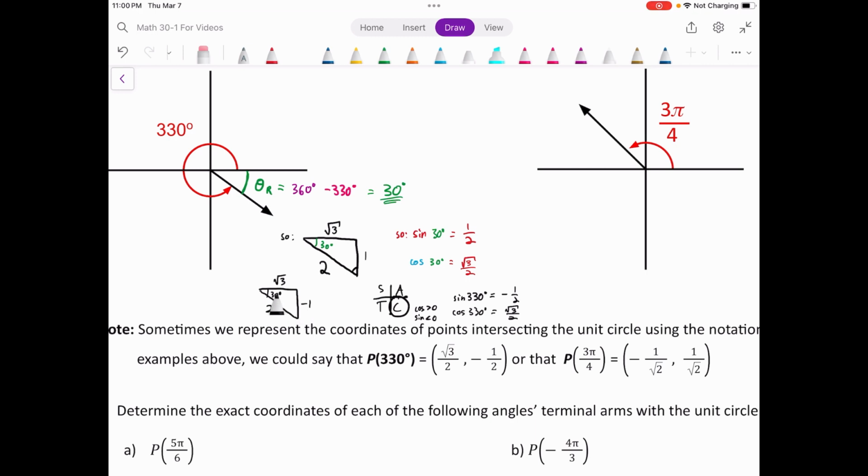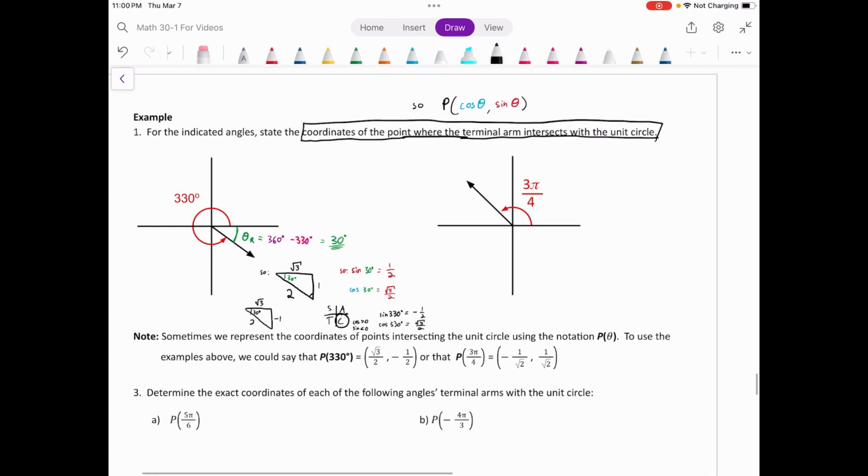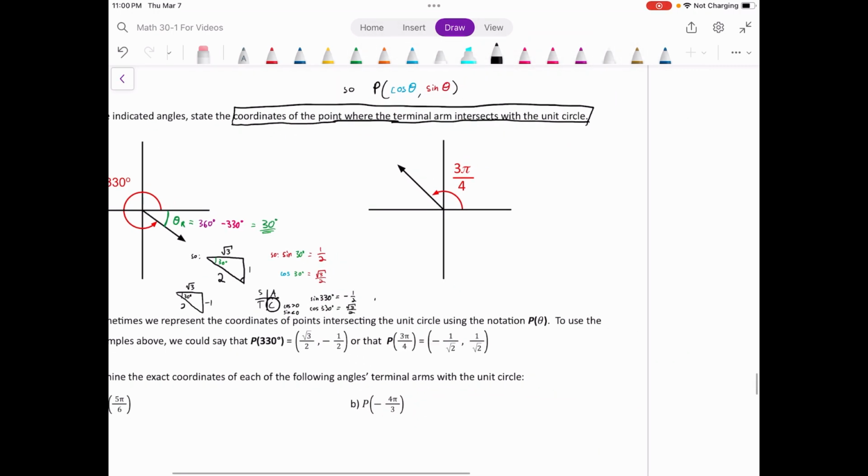Cos of this angle would be root 3 over 2, positive. Both work. Both are valid. So we just have to put it together now. What is it as point coordinates? Cos theta is root 3 over 2. Sine theta is negative 1/2.